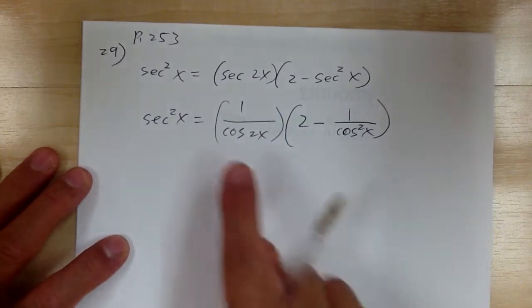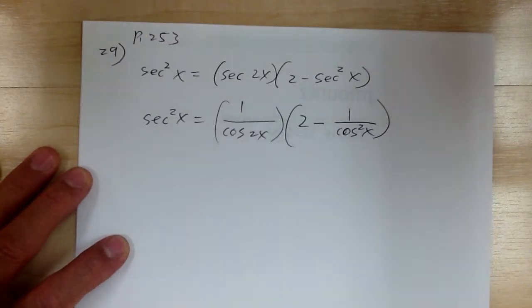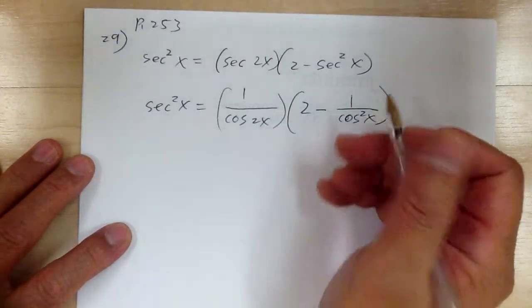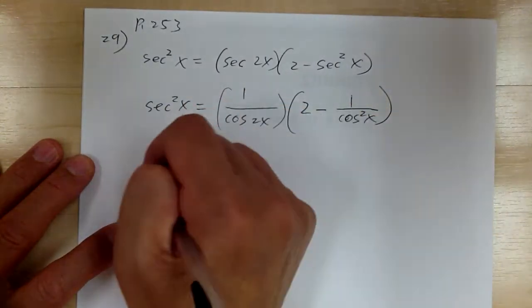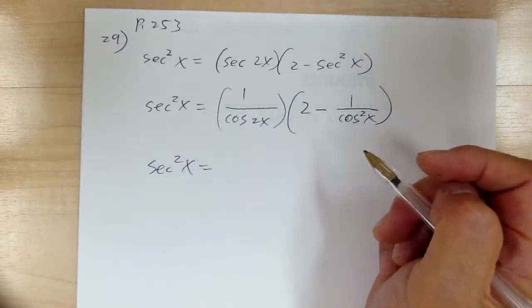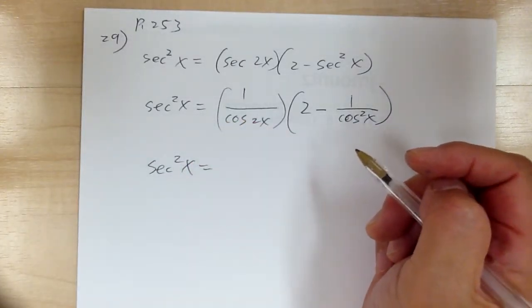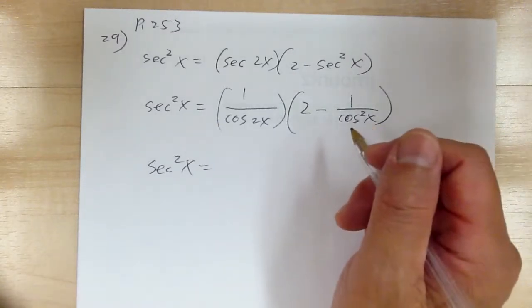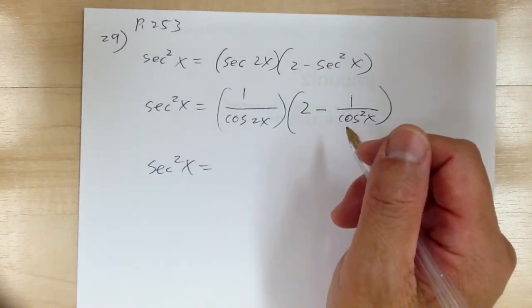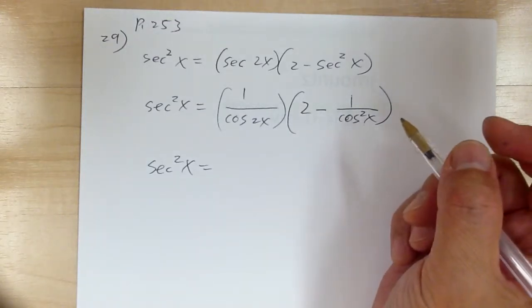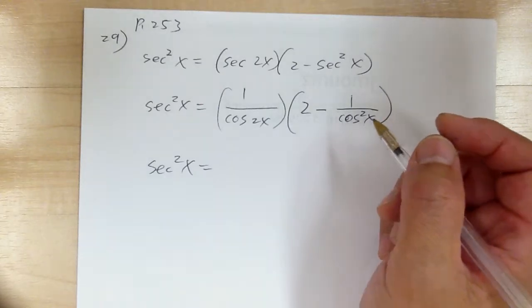Okay, so first let's go ahead and expand this. Cosine, again, you have a choice of which one to do. If you're not sure, just go ahead and use sine and cosine. Just try it out.